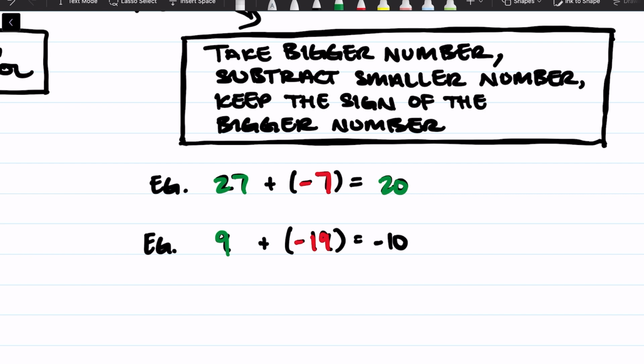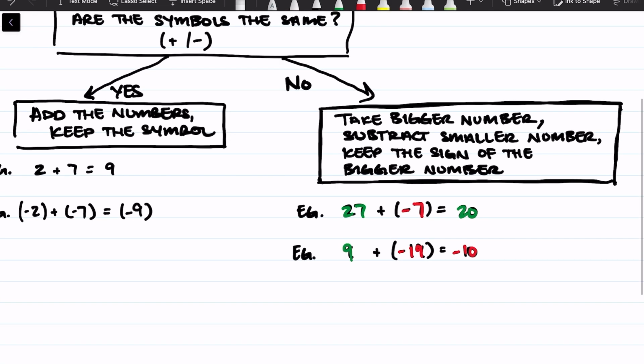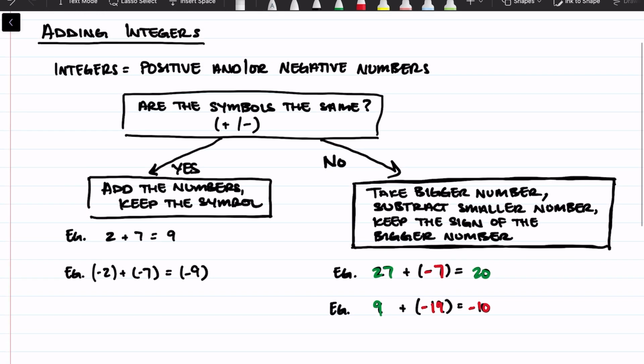And so 27, bigger army, negative 7, smaller army. So then I'm left with 20 soldiers. But then in the other case, I have negative 19, which is the bigger army. And then I have positive 9, which is the smaller army. So I'm left with 10 of the negative army people. And these are the notes that you have.